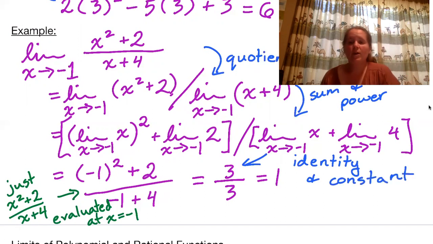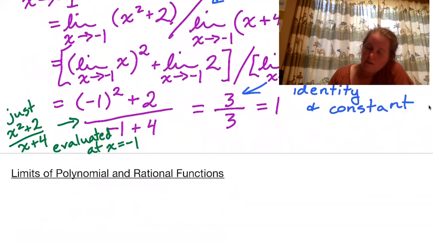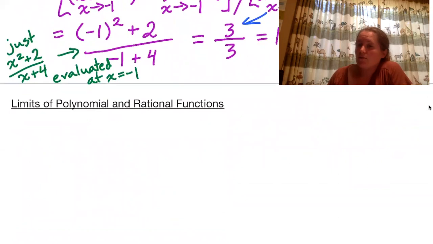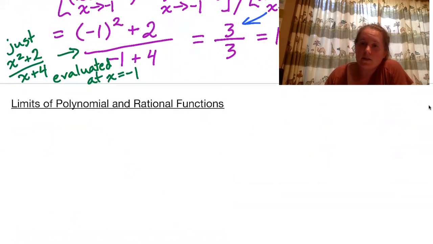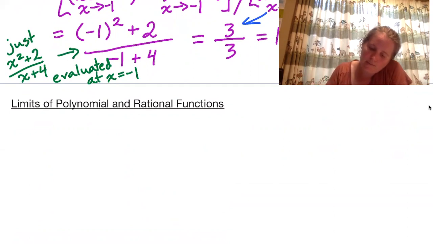So the reason I made my 2 notes in green here is that for both our polynomial and the rational function we were working with, the limit was just the function evaluated at our target point. So for the limits of polynomial and rational functions, we can just cut straight to the answer. We don't have to keep working through all these properties over and over again.